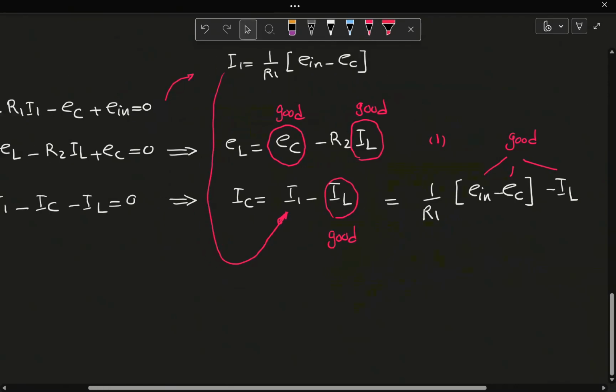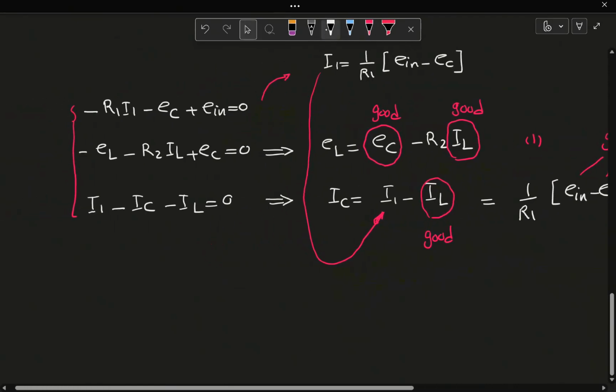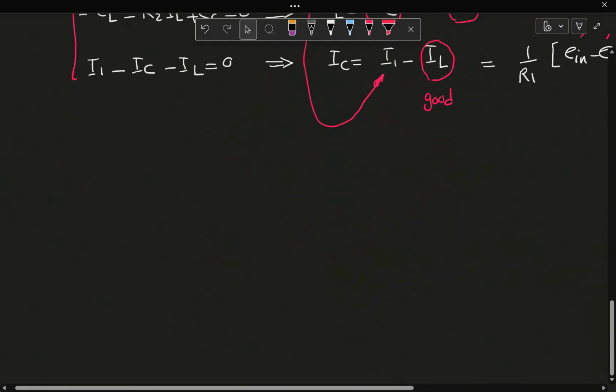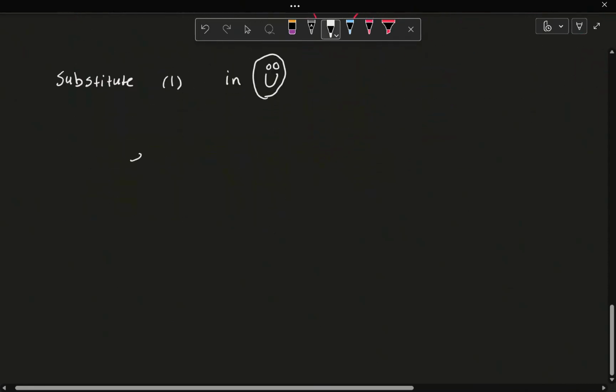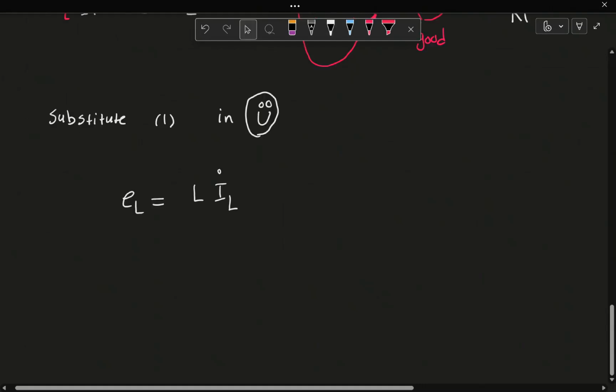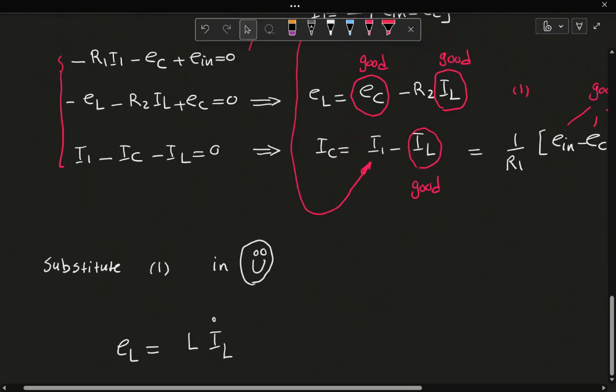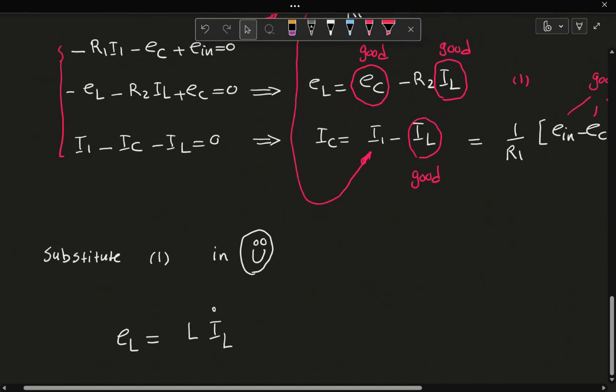Yes? With equations 1 and 2, smiley and cyclope, I can go ahead and rewrite my dynamics. So substitute equation 1 in equation smiley. Okay, what do you get? Equation smiley was EL equals L I dot L. Yes? Instead of EL, you're going to substitute from equation 1, which is EC minus R2 IL.